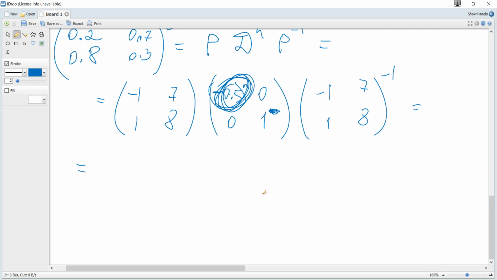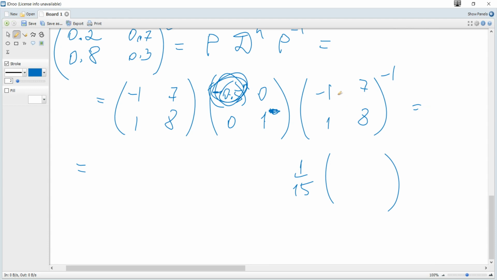How to find the inverse? We need the determinant of this matrix P. Determinant of P, it's what? Negative 1 times 8 minus 7, it's negative 15. And the inverse becomes 1 over determinant.